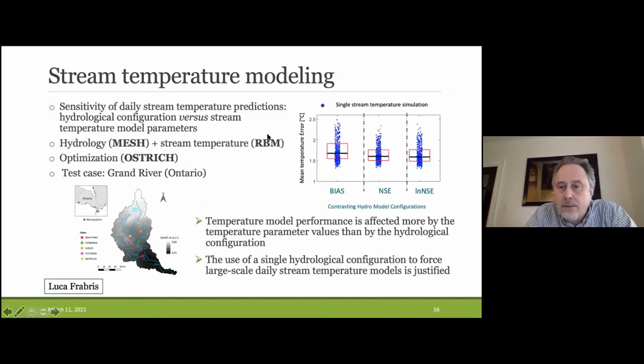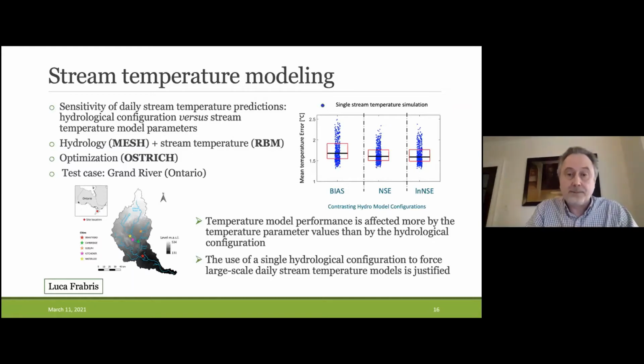The different hydrological configurations he used also have different contributions of surface versus groundwater to the river system. And so that also means that the use of a single hydrological configuration to force large-scale daily stream temperature models is justified. So that, of course, also opens the way to operational forecast of stream water temperature in the MESH model.